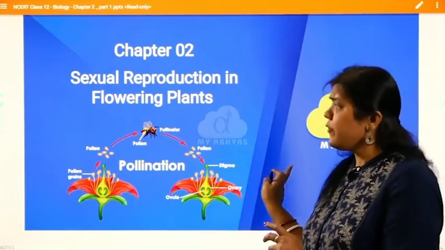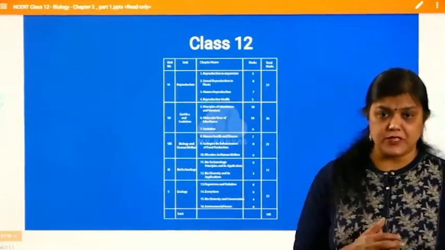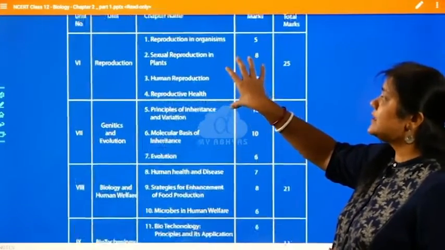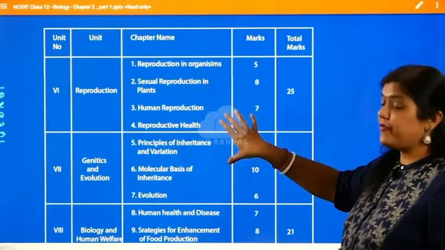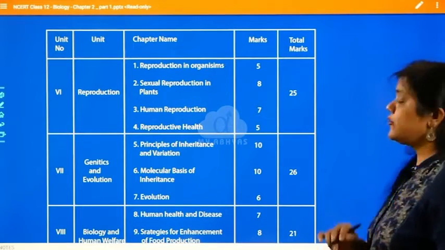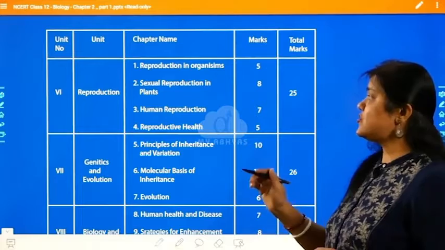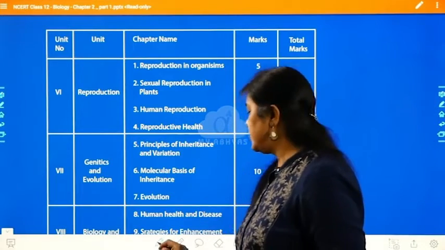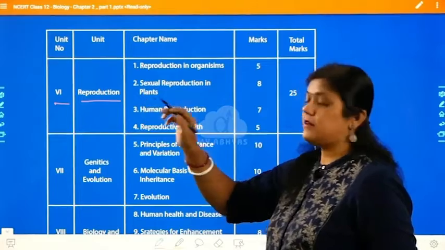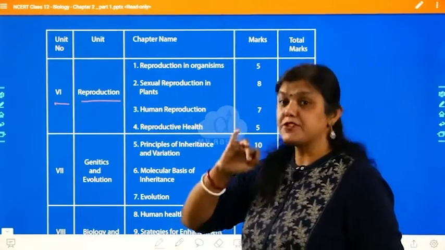Now, if I want to talk about the weightage of the chapter, as I promised in the first chapter, I'll be discussing this particular slide every time before I start any new unit. This chapter comes under unit 6, and the unit is reproduction.